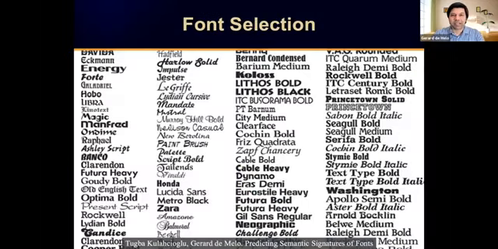So how do we select fonts? Most of us, well, we just start using the default choice, or we scroll down the list of fonts and just basically select something that kind of looks like what we want. Some of us have a few favorite fonts and we just always use some of those.